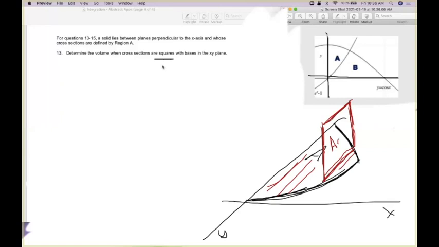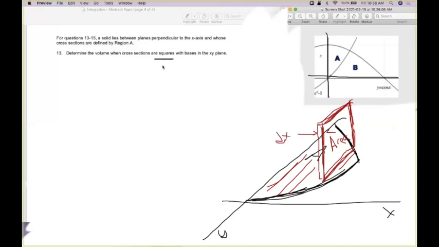This is the area. And then we have a certain thickness to this. That's this dimension right here. That's your dx.